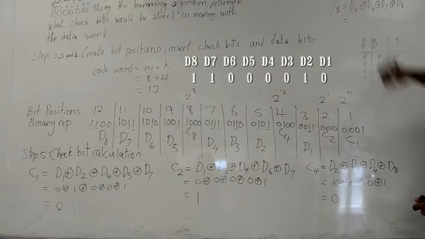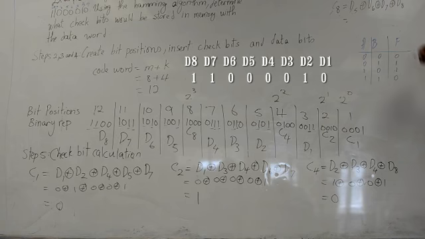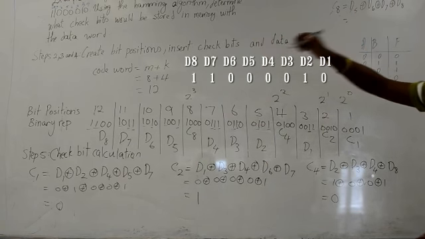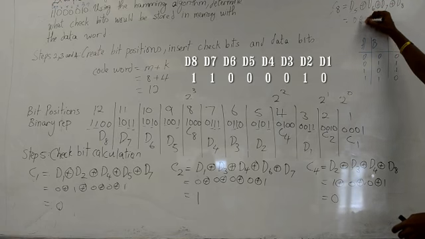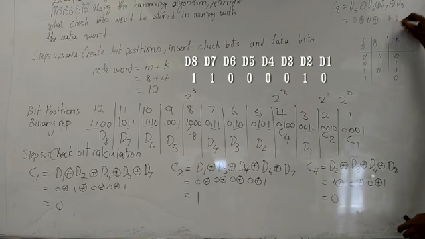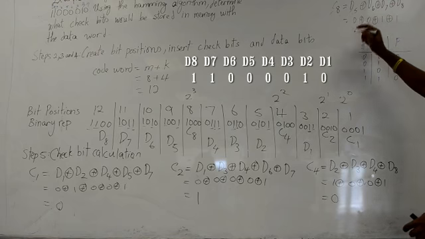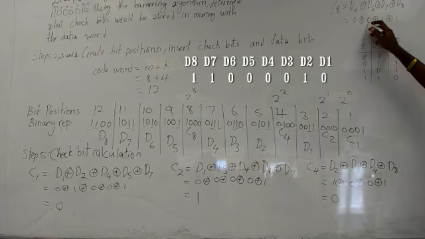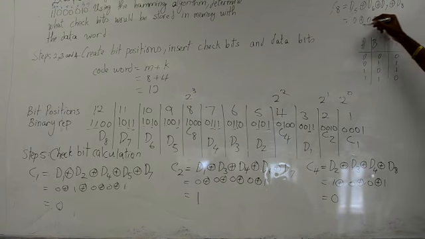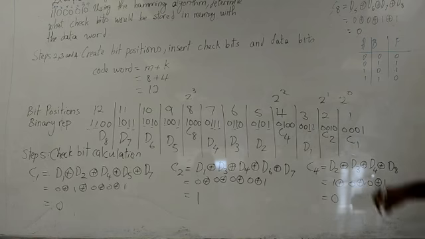Finally, check bit 8. We're going to use 5, 6, 7, and 8. So that's 0, 0, 1, 1. So 0 exclusive OR 0 is 0. 0 exclusive OR 1 is 1. 1 exclusive OR 1 gives us 0.